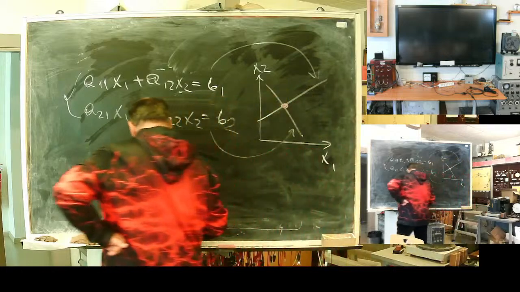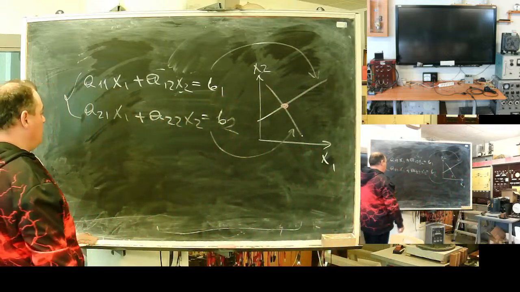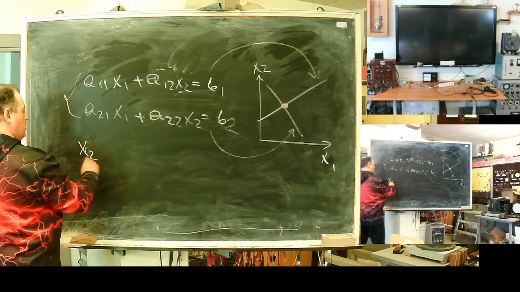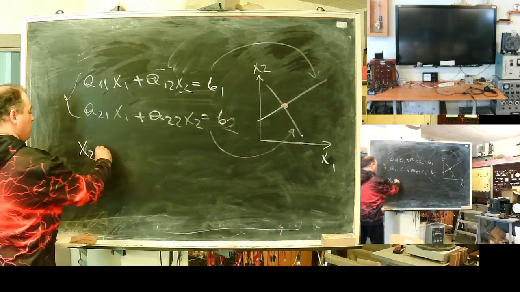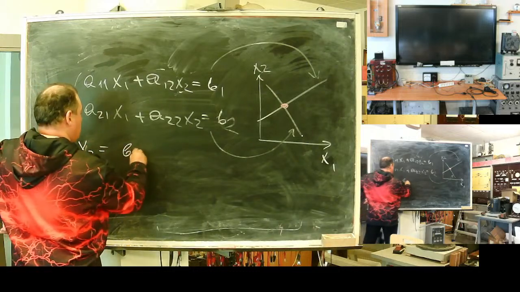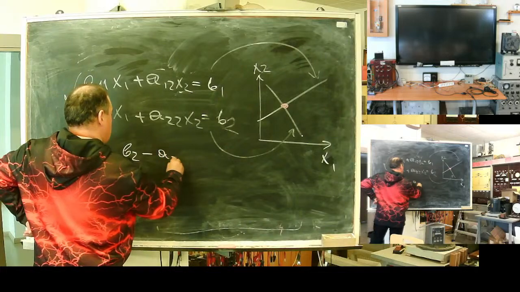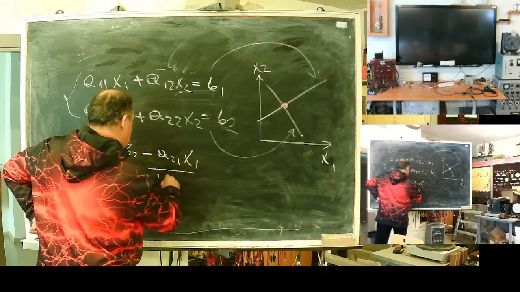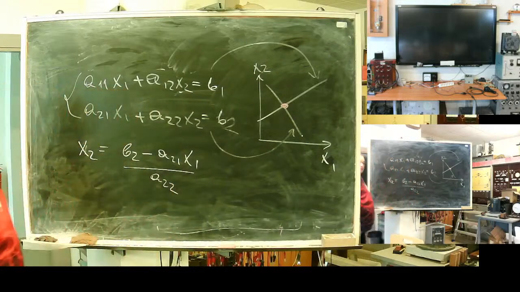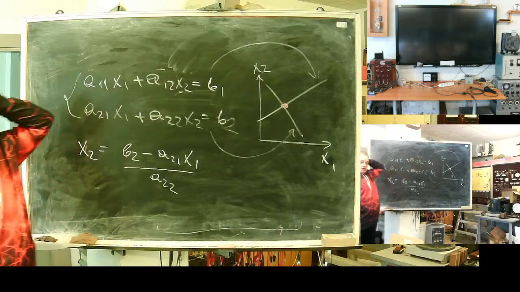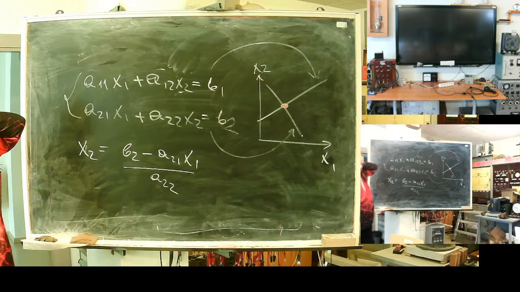At the first step, you need, for example, to take the second equation and obtain a clear x2 from it. So it will be B2 minus A21 x1 divided by A22. And then substitute it in the first equation.